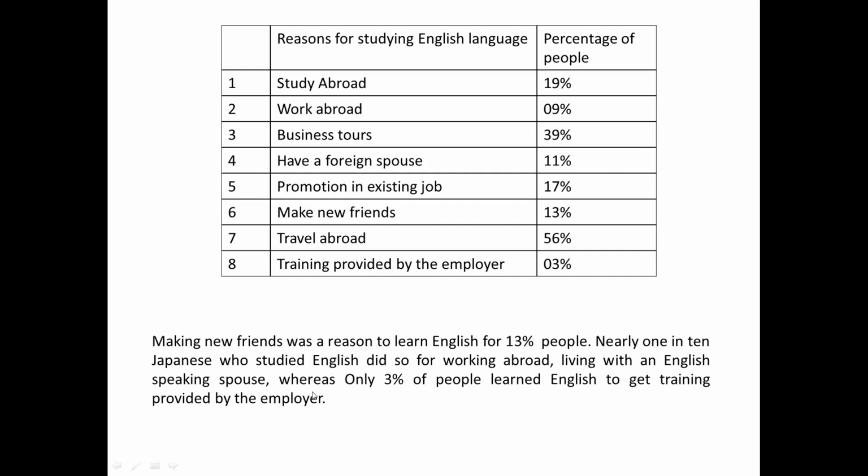And whereas only 3% of people, so this is the last one, only 3% of people learn. Okay, let's see the main words here, nearly 1 in 10. So we have to write it when you are not writing the exact number. I can here also use around 1 in 10 or approximately 1 in 10. Then here "whereas" is the linking word that I have used here.